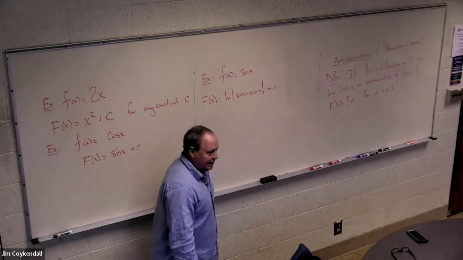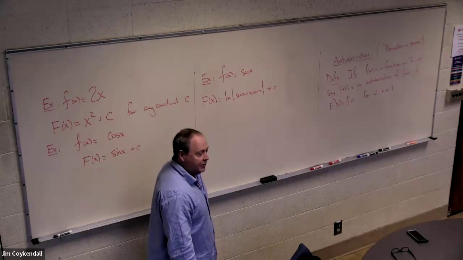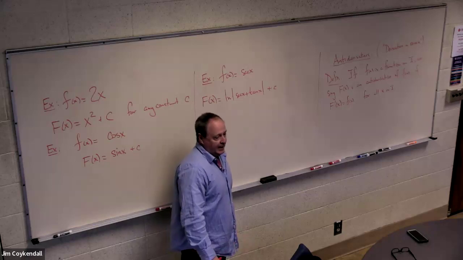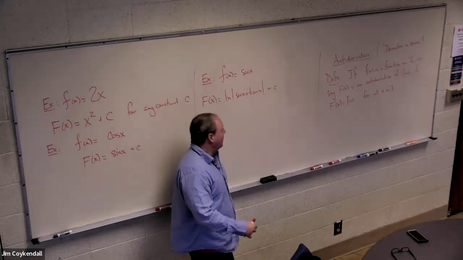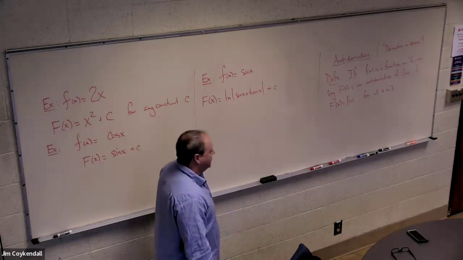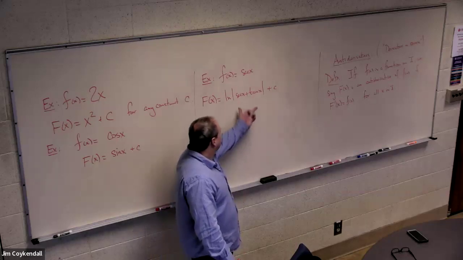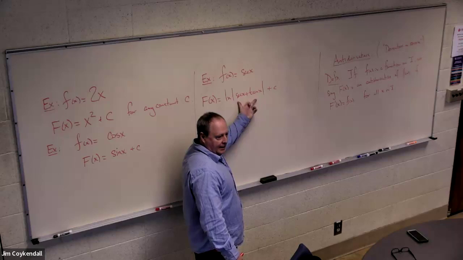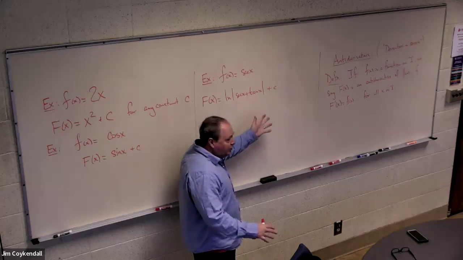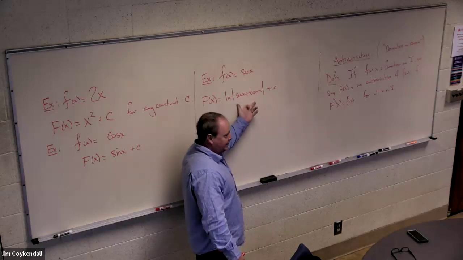The antiderivative of secant is the natural log of the absolute value of secant x plus tangent x. See, I don't expect you to be able to figure this out. This actually requires quite a bit of focus. The point of this example is this. This could be like fake news, right? I mean, this could be a big fat lie.